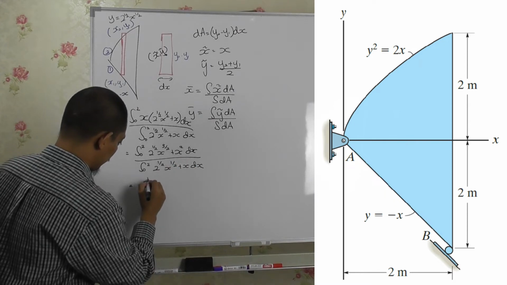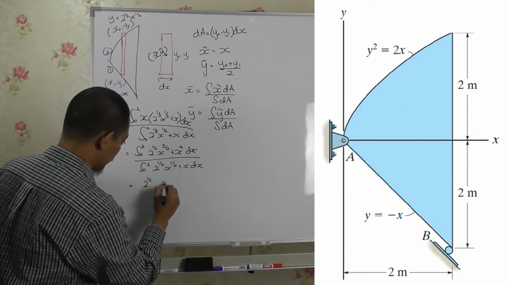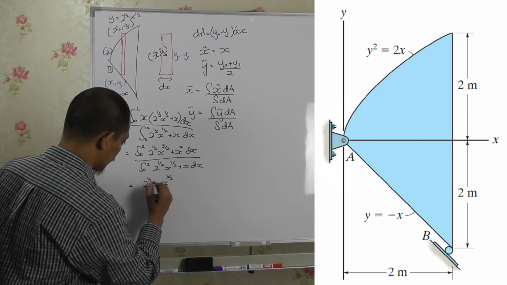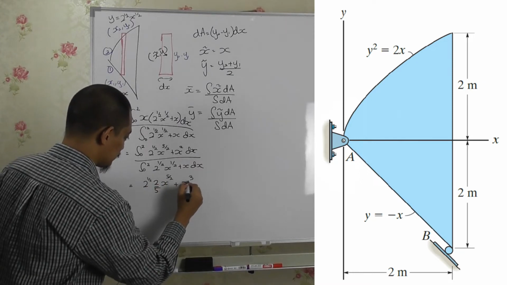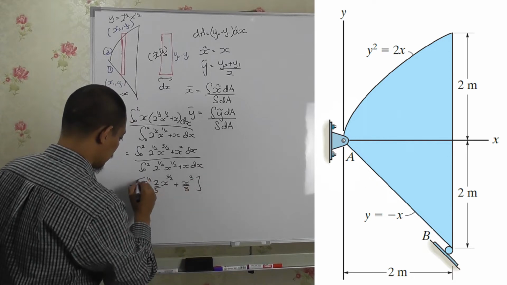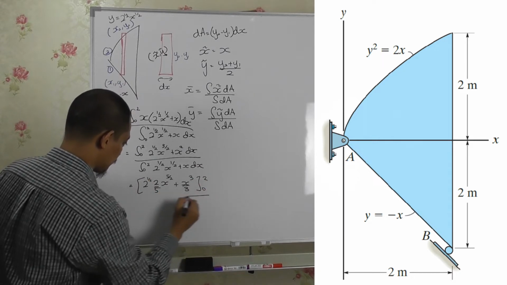So 2 power of half, this one becomes x power of 5 over 2, so 2 over 5 here, plus x cube over 3, from 0 to 2.